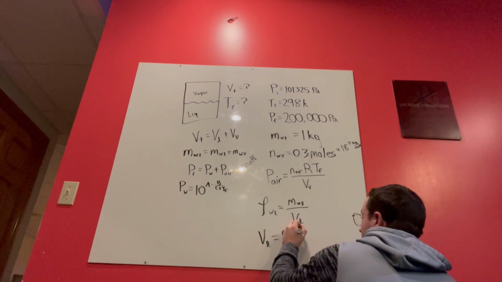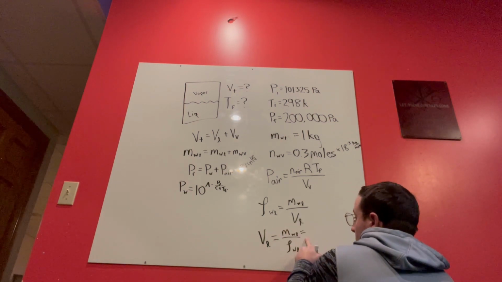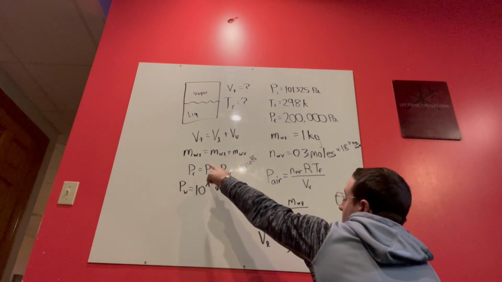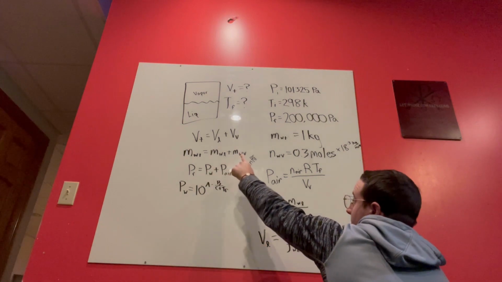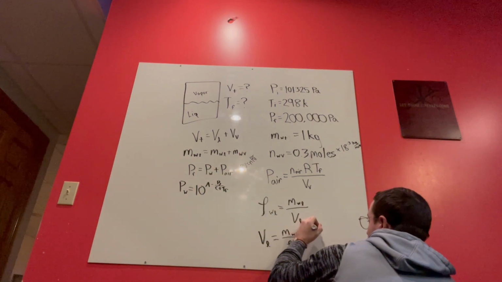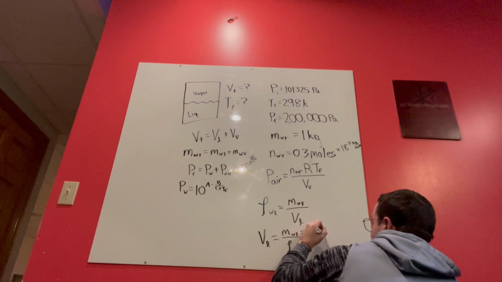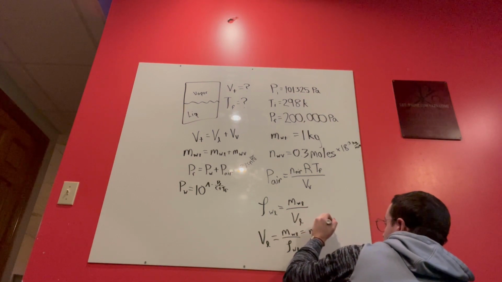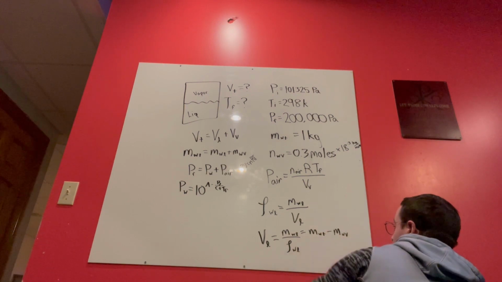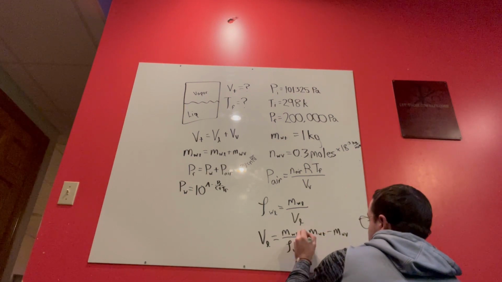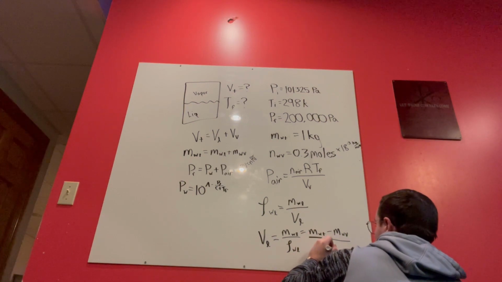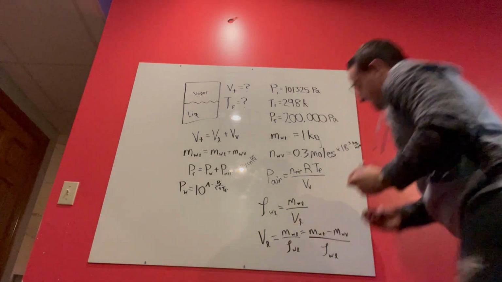And this right here also equals the mass of the total water minus the mass of the water in the vapor phase. So this equals mass of water total minus mass of water in the vapor phase. And then that'll give us this formula that we can use.